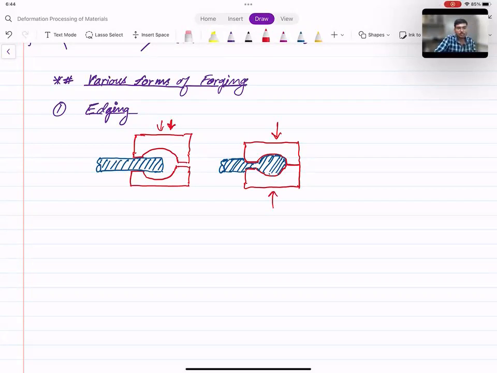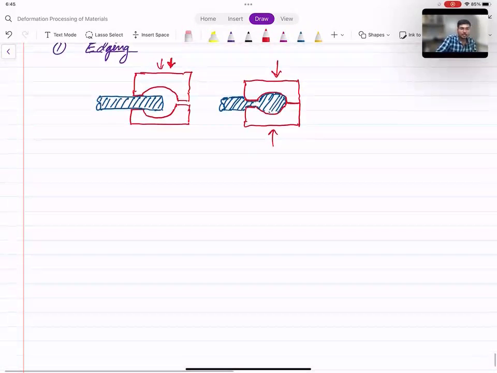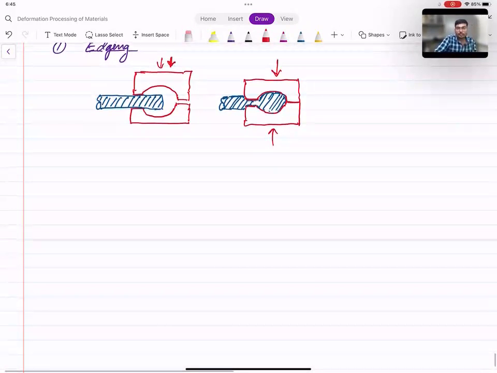So this is edging. Now the other process which comes under forging operations is fullering. Fullering is used to reduce the central cross section of a component.